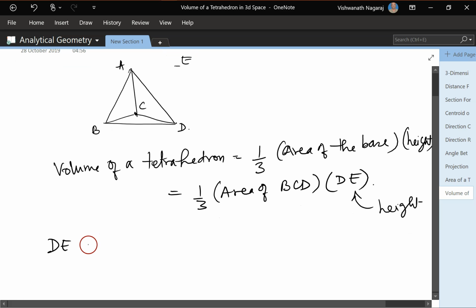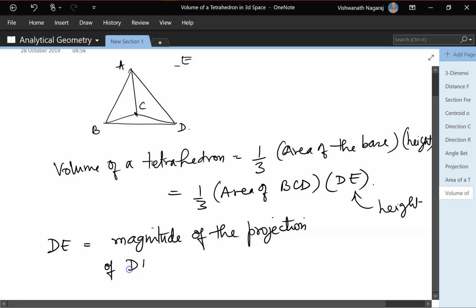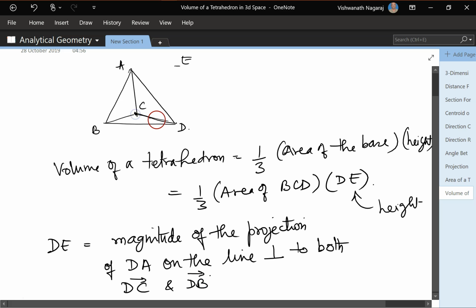So this would be equal to the magnitude of the projection of DA on the line perpendicular to both DC and DB. So you have an edge here, right?